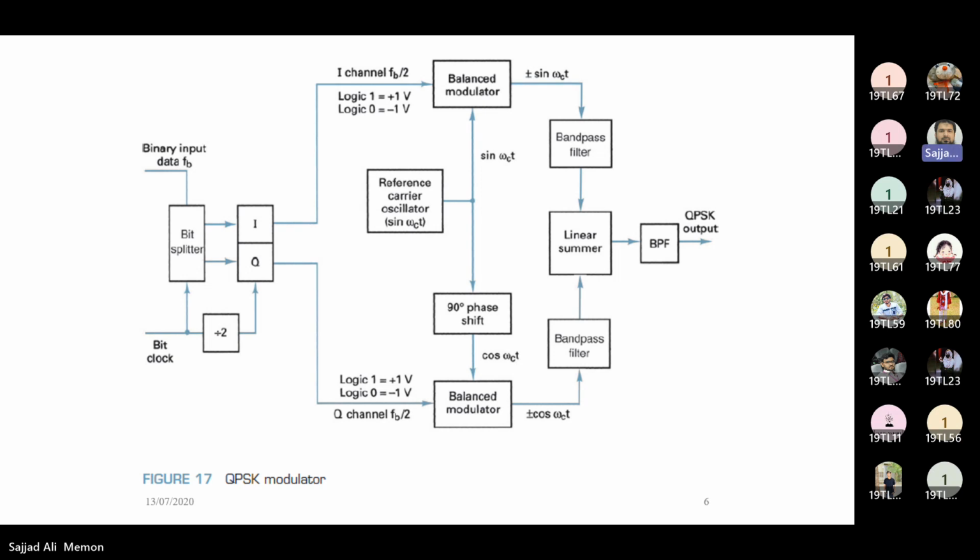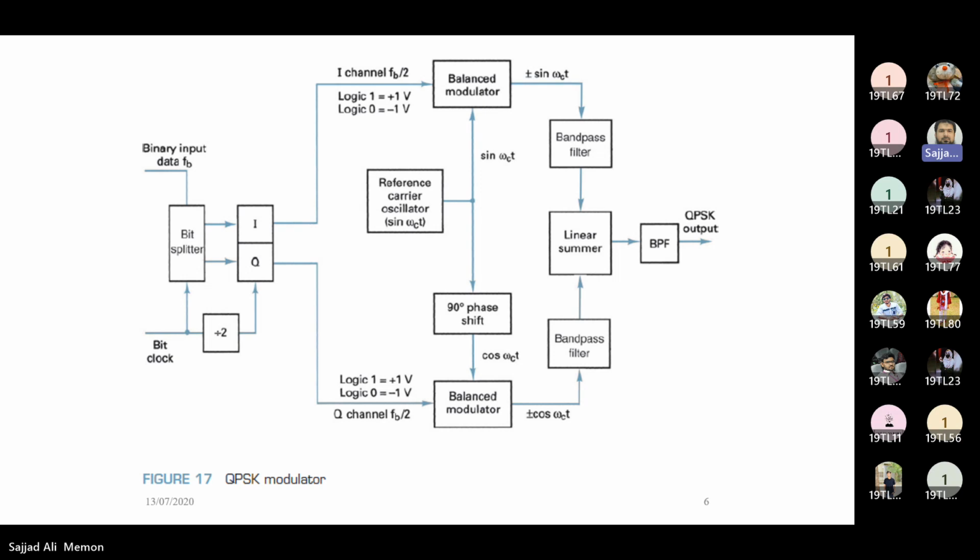They will be passed through a band pass filter, which means omega c will be passed through and other low frequencies will be blocked. Then the linear summer combines them. The job of the band pass filter is to only pass omega c, and frequencies less than that will be blocked. So the output will be plus or minus sine omega ct and plus or minus cos omega ct.